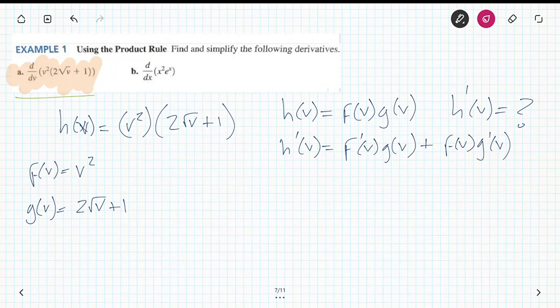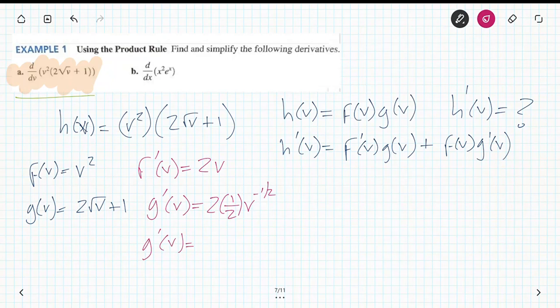So f prime of v is going to be 2v, and g prime of v is going to be 2 times 1/2 v to the negative 1/2, and then the derivative of a constant is 0, so that's about it. So let me rewrite g prime of v as v to the negative 1/2, because 2 times 1/2 is just 1.